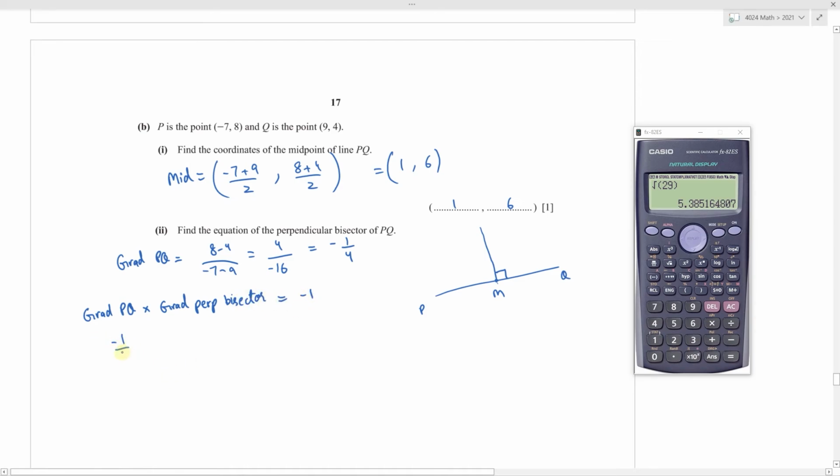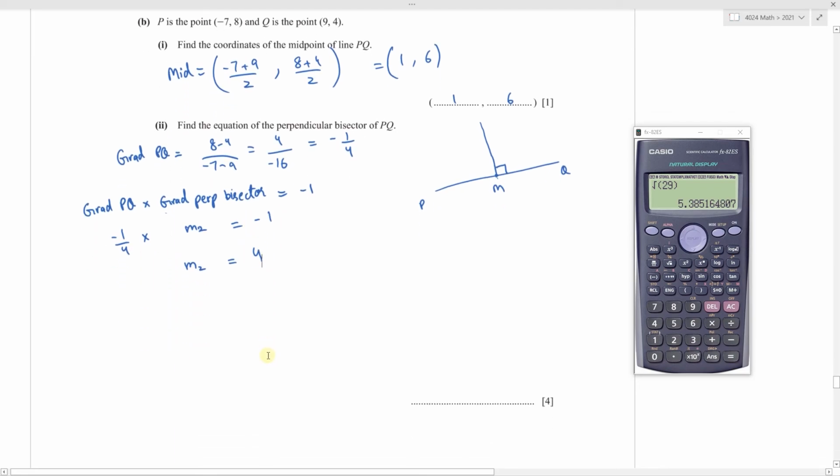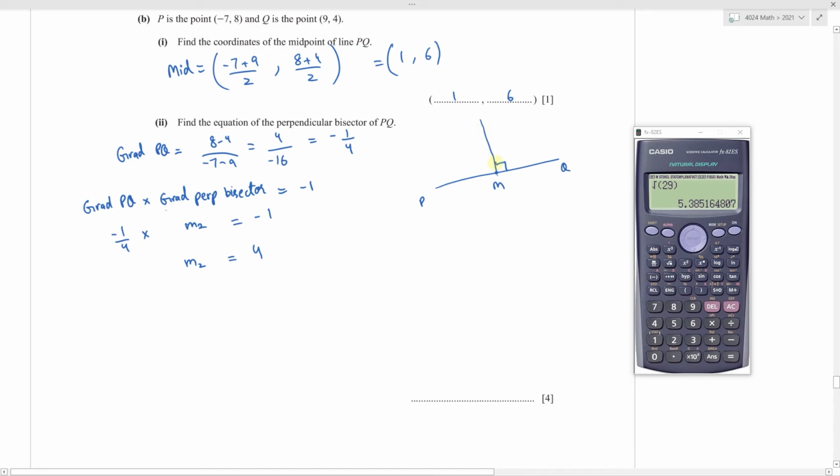So this is -1 by 4 multiplied by, let's call this gradient M2, just because I don't want to write the whole thing again, equals -1. So M2 will be the gradient of the perpendicular bisector. I'll take this to the other side, so this will be 4. So this is your gradient of the perpendicular bisector.